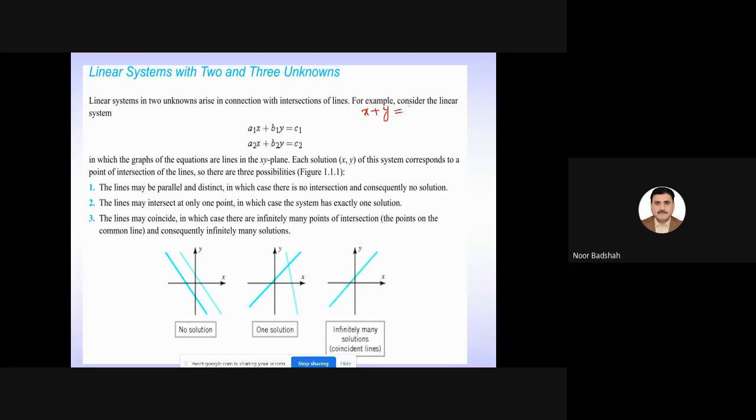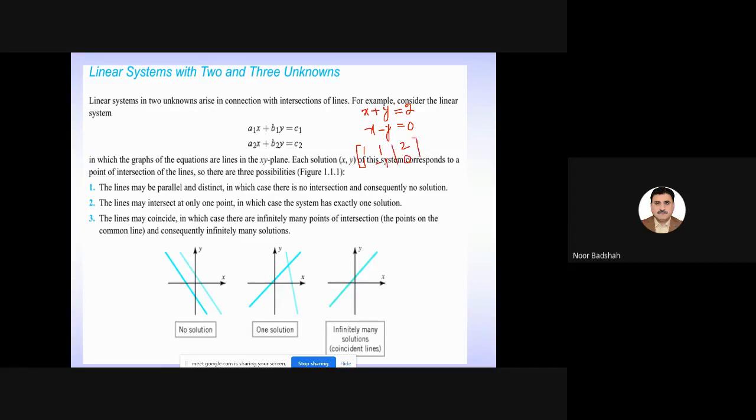equals 2, and x minus y equals 0. If you solve this system of equations, it can be solved easily and we can find the solution. I'm going for the Gauss elimination method. So its augmented matrix will be 1, 1, 2, the coefficients and then the right side: 1, minus 1, 0.